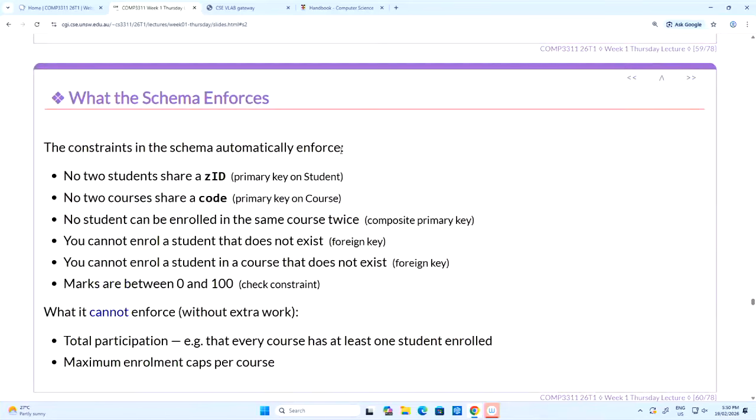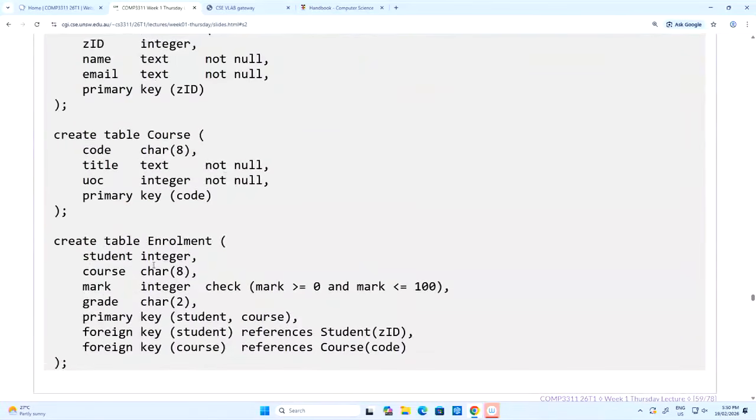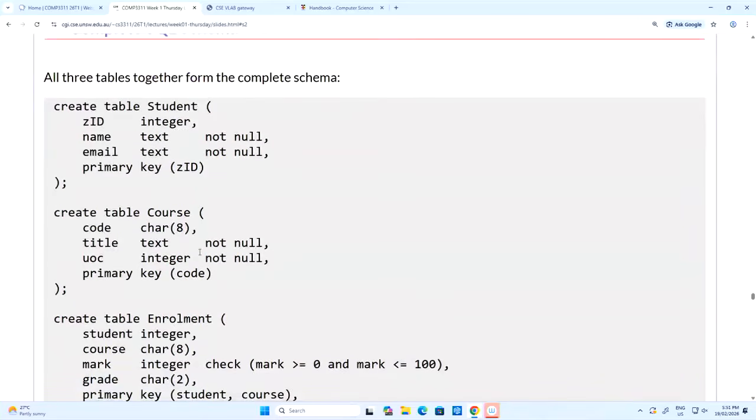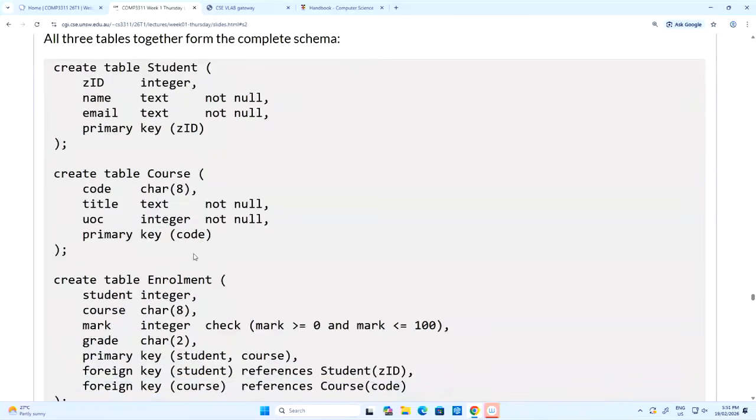Referential integrity violation often occurs when you are inserting into a table that has foreign keys in its primary key. Let's say the enrollment table has student and course as the primary key, and you're trying to put in a row of data where the student is not found in the student table, or the course is not found in the course table, then it breaks the foreign key constraint.